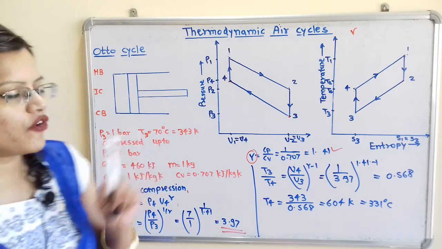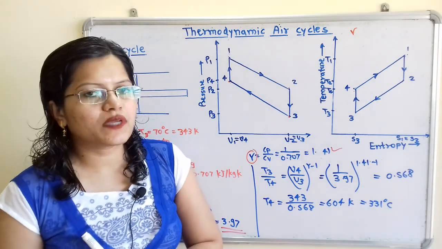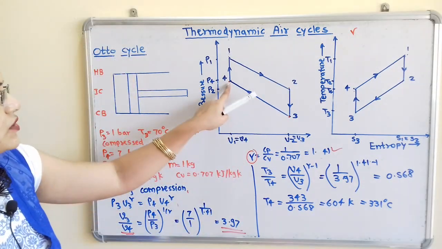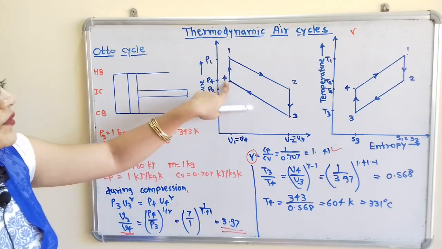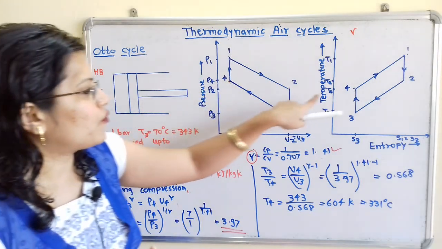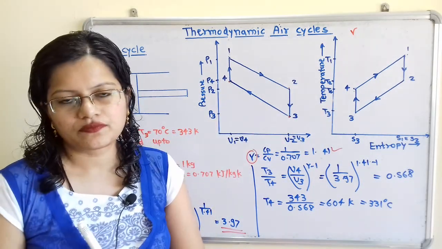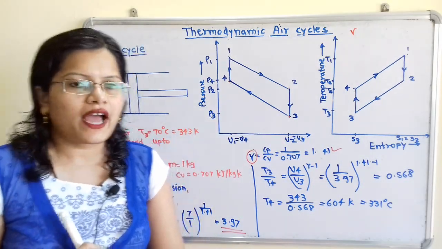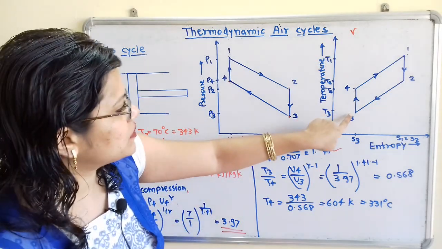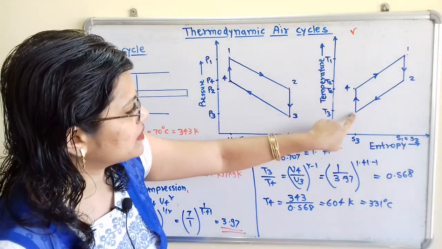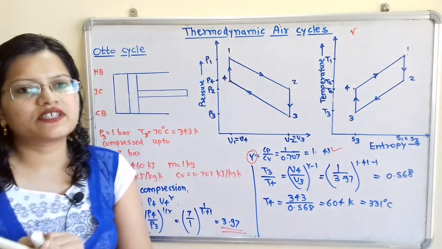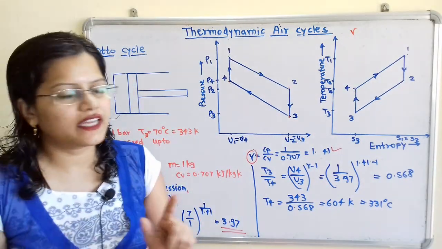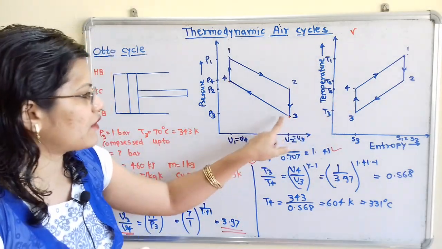Now we will move to the second question, that is we have to find the temperature at the end of compression. That means we have to find the temperature at point 4, that is T4. Now this process 3 to 4 is the isentropic process. During isentropic process we have already seen the formula relating temperature and volume.